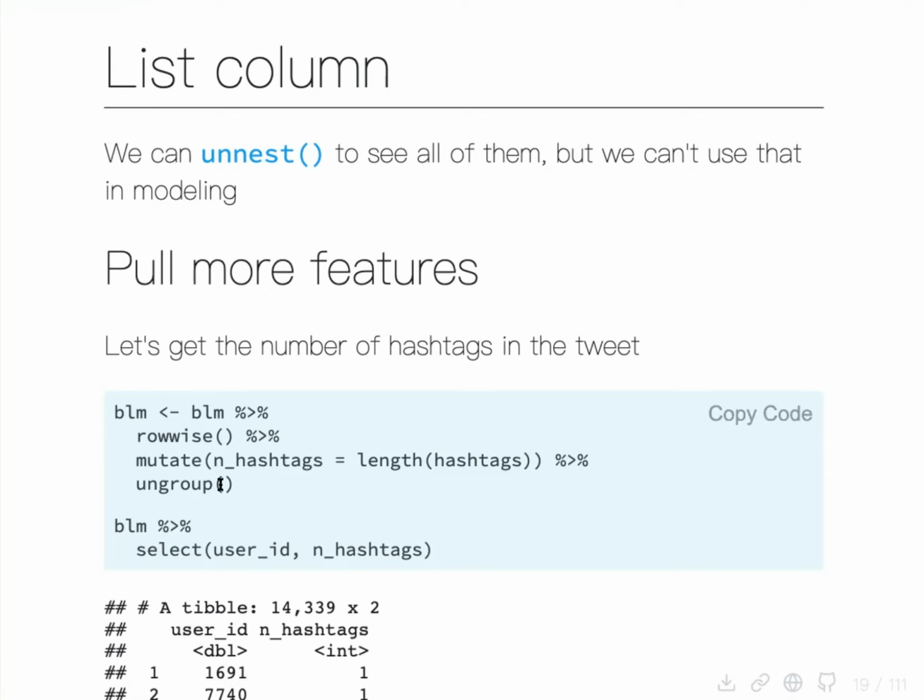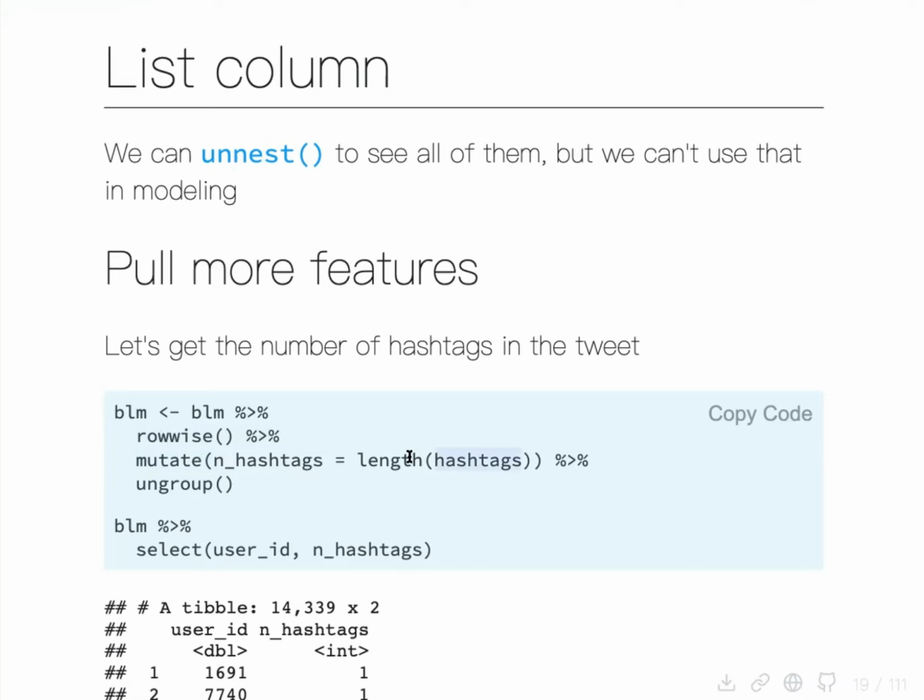What we're going to do that is use this row-wise operation. And importantly, every time you use row-wise, you're going to want to finish it with ungroup. So I would say row-wise, and then I'm going to say mutate. Now, because I'm in this row-wise data frame, I can operate on this hashtags list column just like I would any other column.